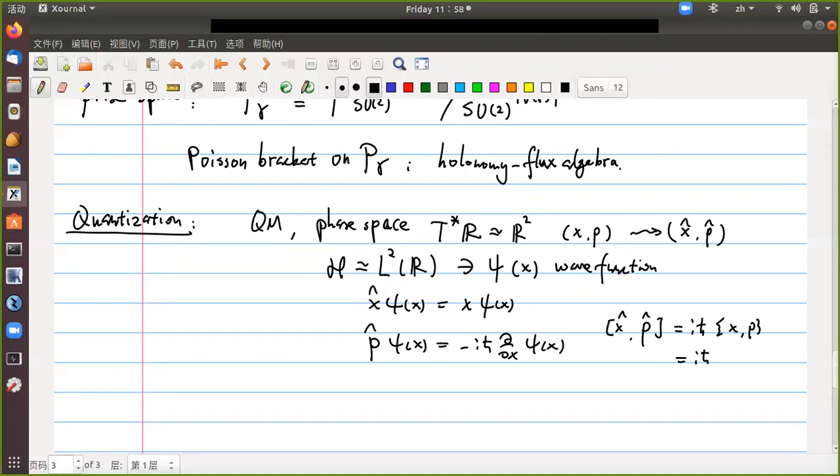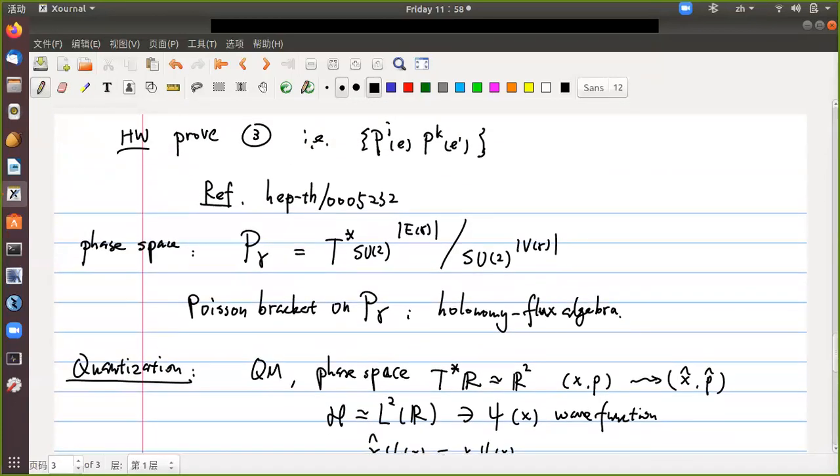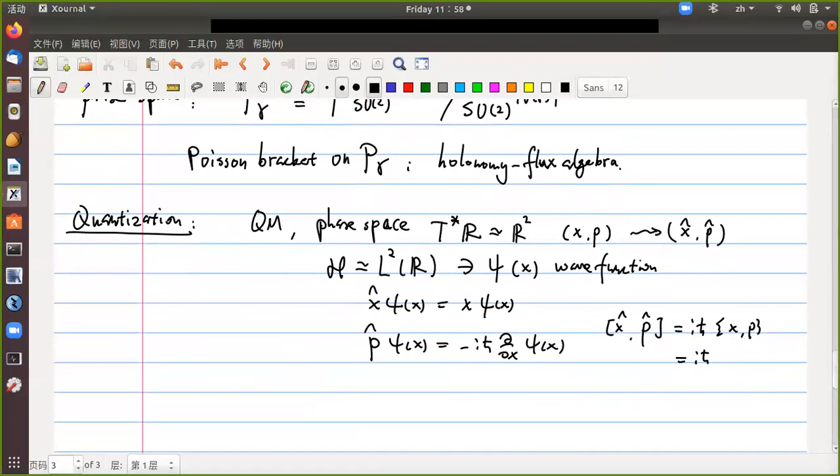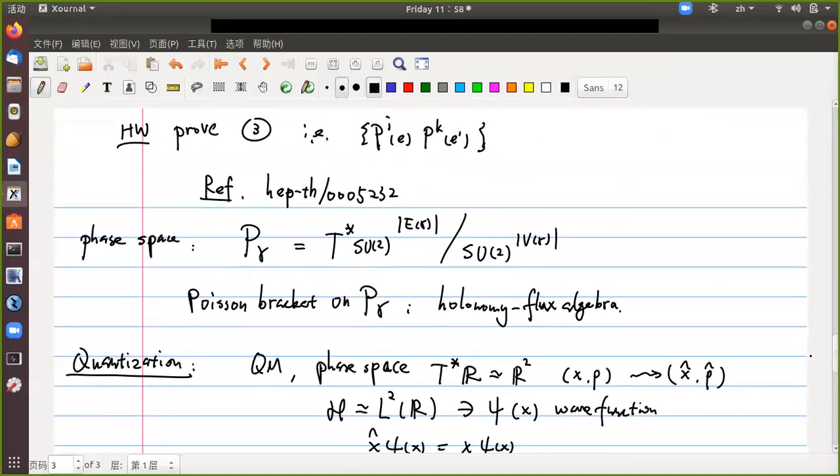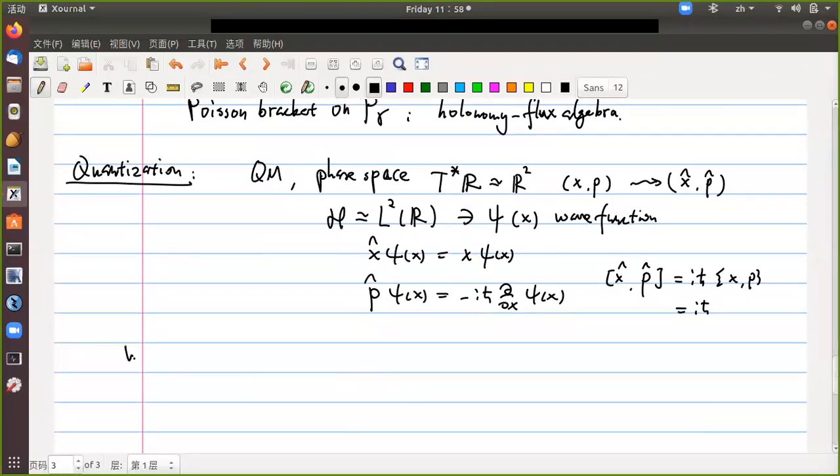Okay, and here we are going to do a very similar procedure. We have our phase space, and we know the conjugate variables. They are just holonomy and flux. And then we can define the wave function. Wave functions are functions of holonomies.